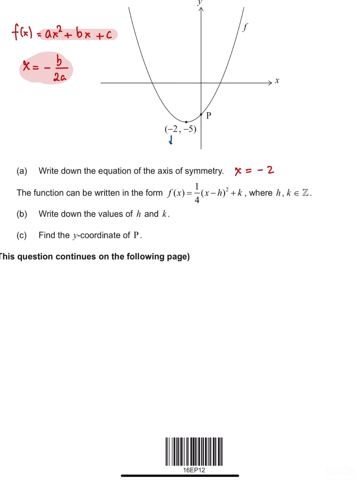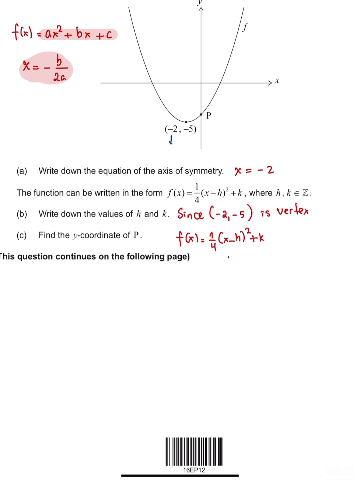The function can be written in the form f of x equals 1 over 4 times (x minus h) squared plus k. Actually they don't give us the function, but the vertex is negative 2 and negative 5, and f of x equals 1 over 4 (x minus h) squared plus k.